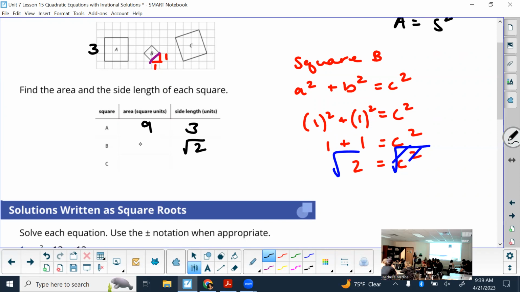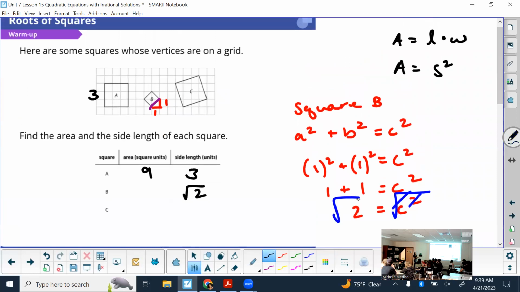All right. And then area we said is length times width. So square root of 2 times square root of 2, or you can write it as the square root of 2 squared, since it's a square, the side length squared. What's my area going to be for that one?